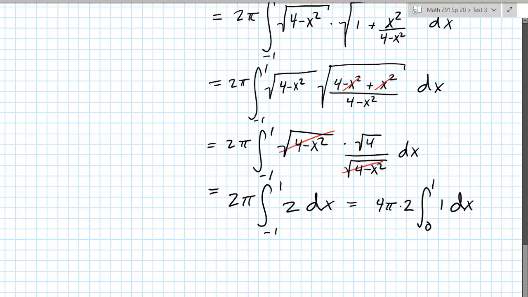And integrating that, we just get 8 pi x from 0 to 1, which is just 8 pi. And that's the end of the problem.